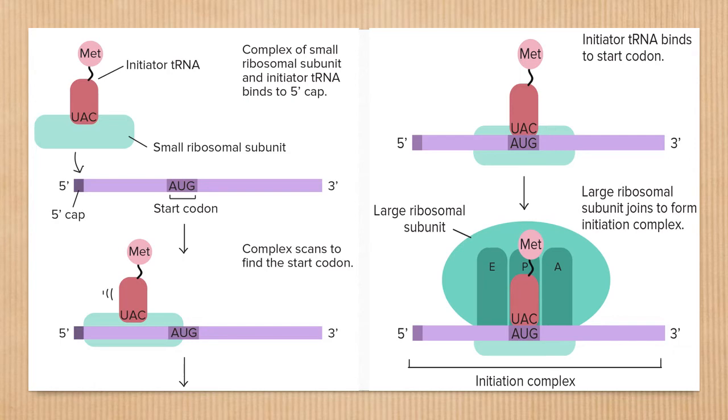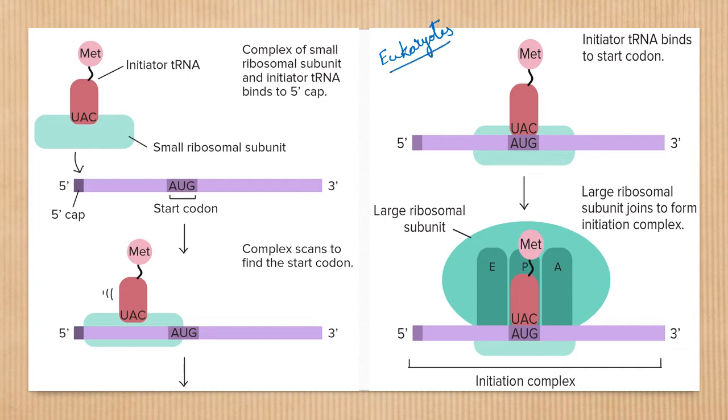So overall, for the first one, the initiator here is mentioned with only methionine. That means this diagrammatic representation is of eukaryotic translation. If F is there, and formyl is present, then it is prokaryotic.